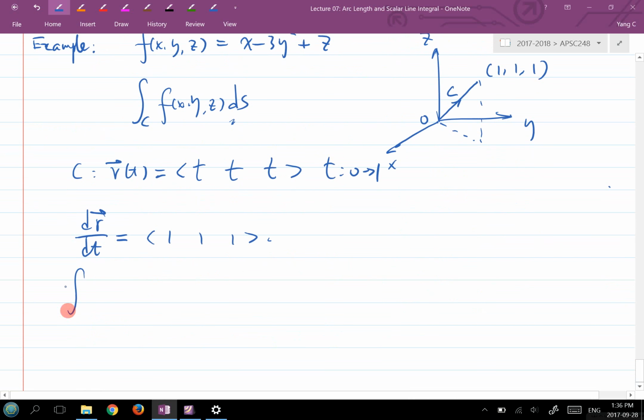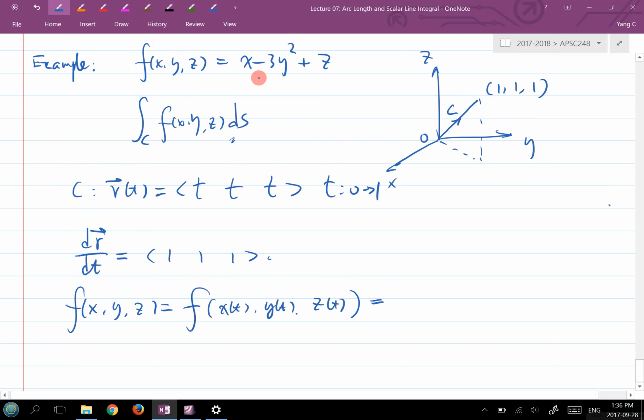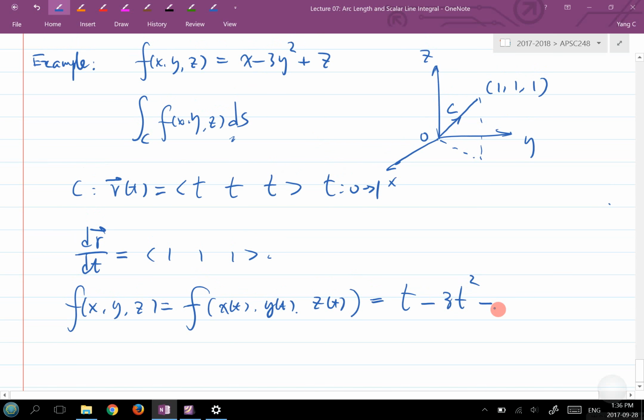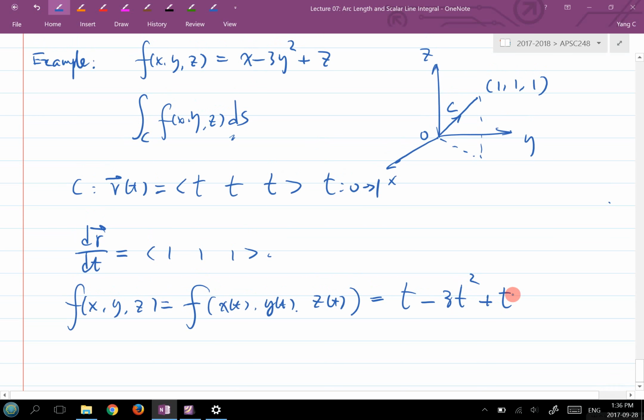So you replace x with t, y with t, z with t. Looking at this f of x, y, z, that's t minus 3t squared plus t. That's your f of x of t, y of t, z of t.